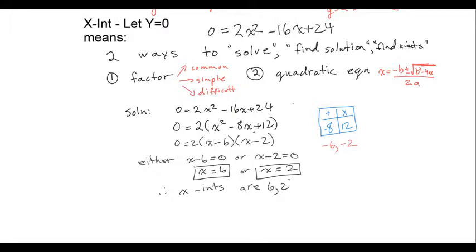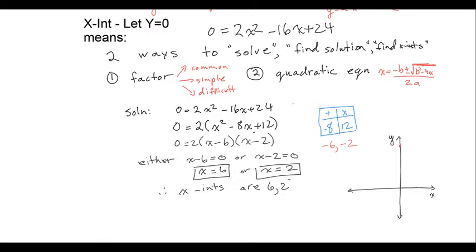Now we'll do a quick sketch of what we've got here. When we draw this, our graph looks similar to this. We will have our x-axis and our y-axis, and we'll just plot all the points that we know. The first point that we recognize is that we have a y-intercept of 24.